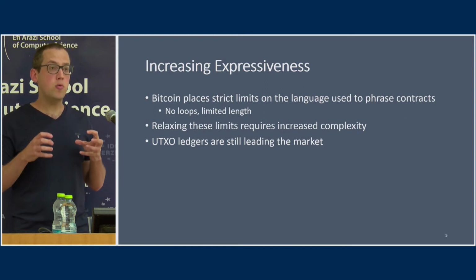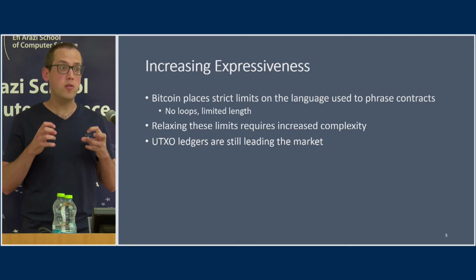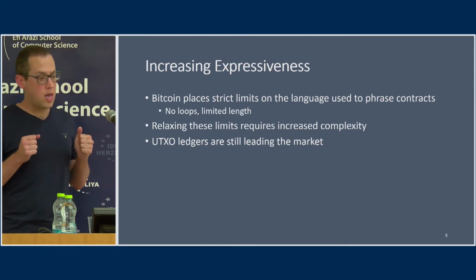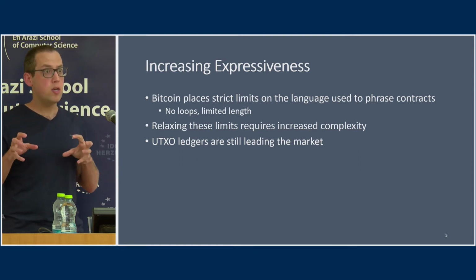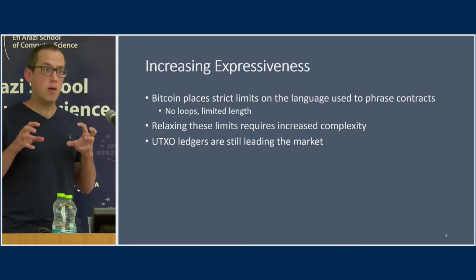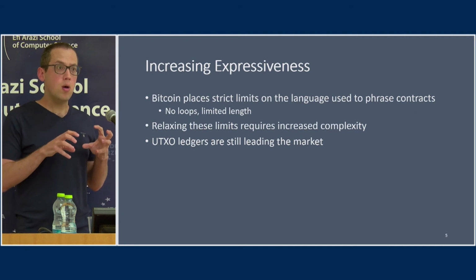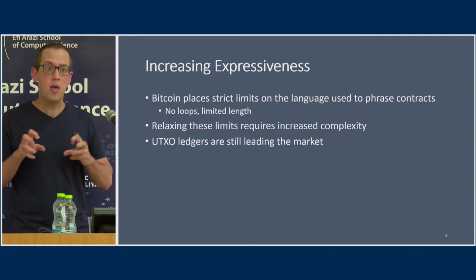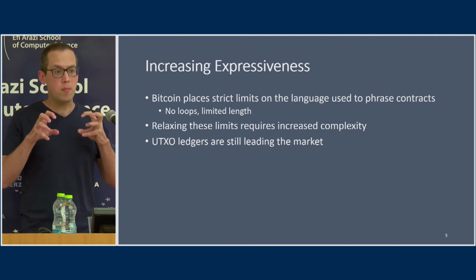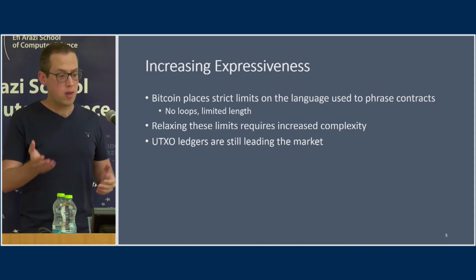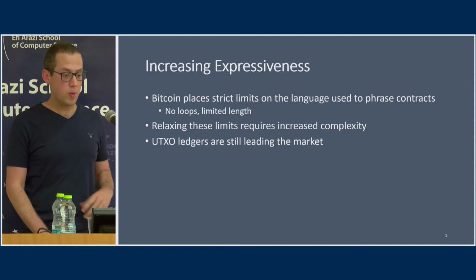It makes the accounting of the currency harder to implement. So while Bitcoin is less expressive than Ethereum, it is easier to prove right, and also more performant, and it still dominates the market.